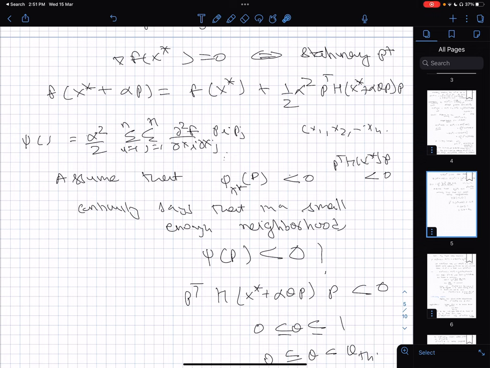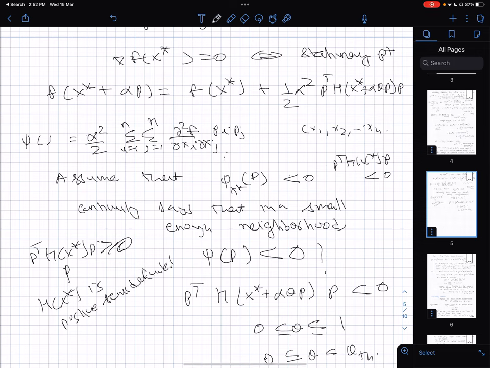So then what is correct is that this has to be greater than or equal to 0. But if this has to be greater than or equal to 0, it amounts to saying that H at x star is positive semi-definite.